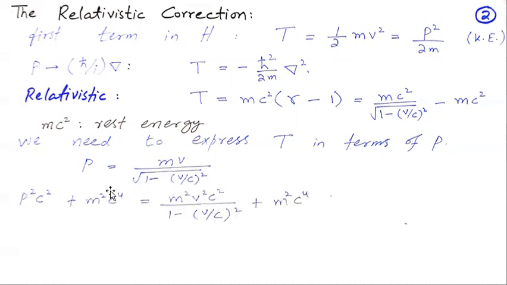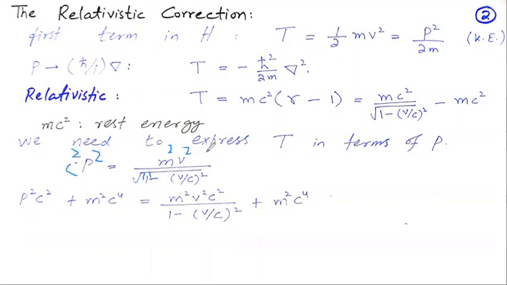And if we take the square of p, let's say I square p, so we get gamma square m square v square, and we will get rid of this square root. And now multiply the whole equation with c square.